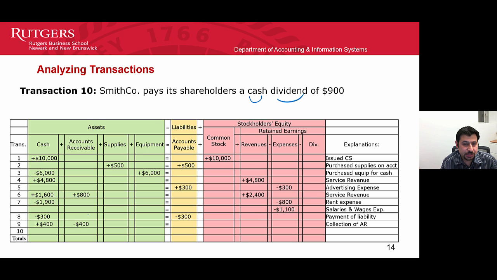Cash will decrease by $900, and dividends will be reducing stockholders' equity by $900. So basically we have cash decreases by $900, dividends will decrease stockholders' equity by $900, and this is cash dividends.